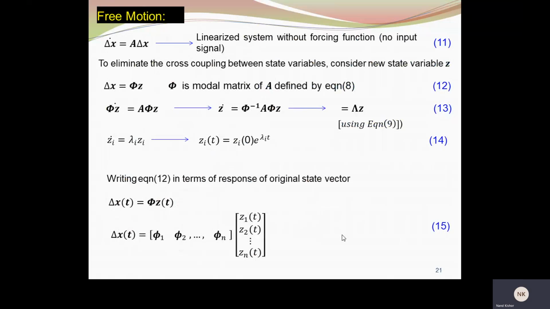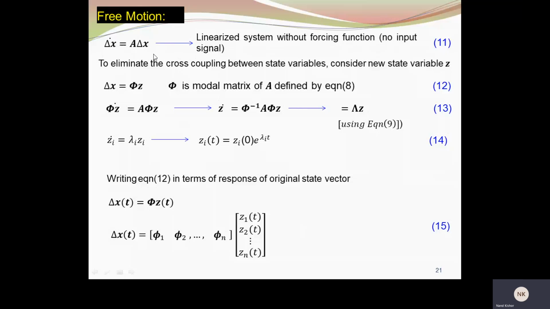For a system given by equation 11, the rate of change of each state variable is a linear combination of several associated state variables, so there would be cross coupling between the states. Here we consider the linearized system without a forcing function, so there is no input signal.